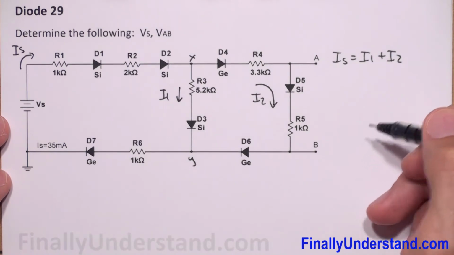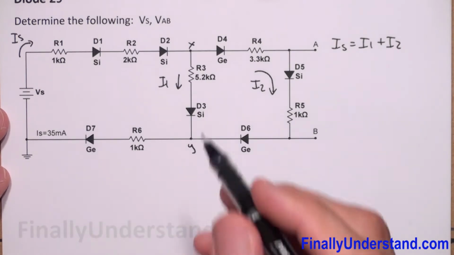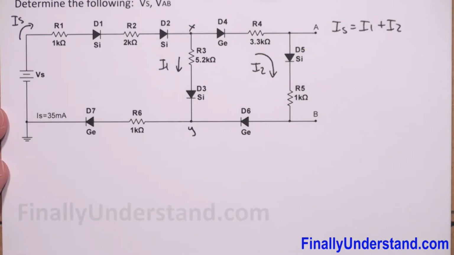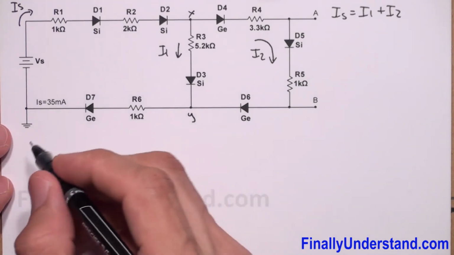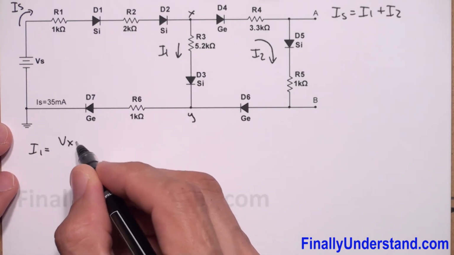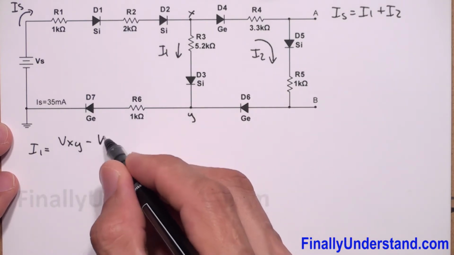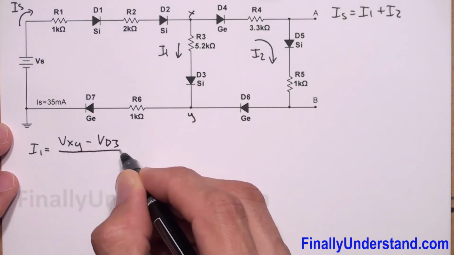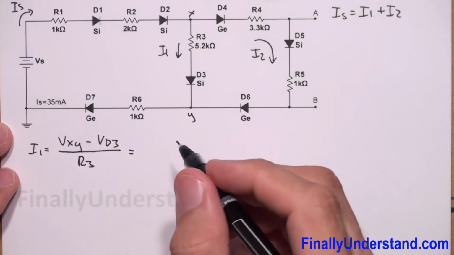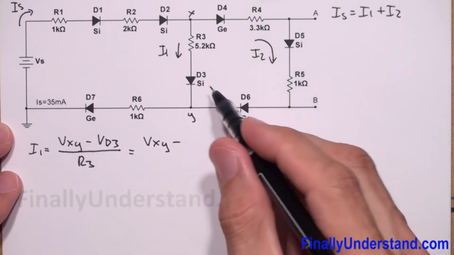First, I'm going to write the formula for I1 and I2. I1 is equal to Vxy minus the voltage drop across the diode D3, VD3, over the resistance R3. So this is equal to Vxy minus VD3.